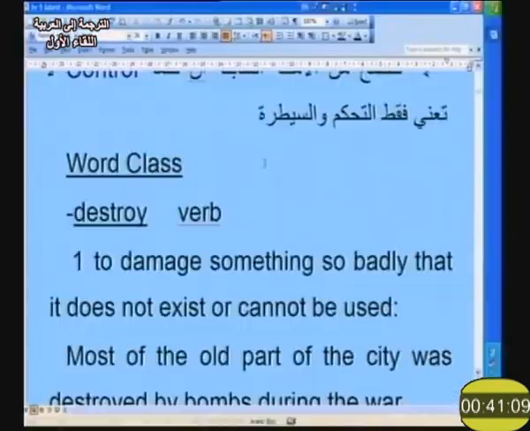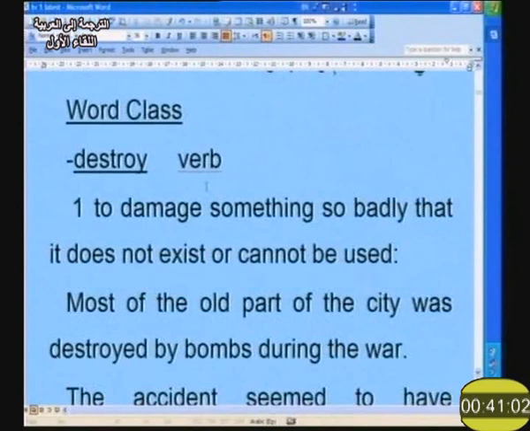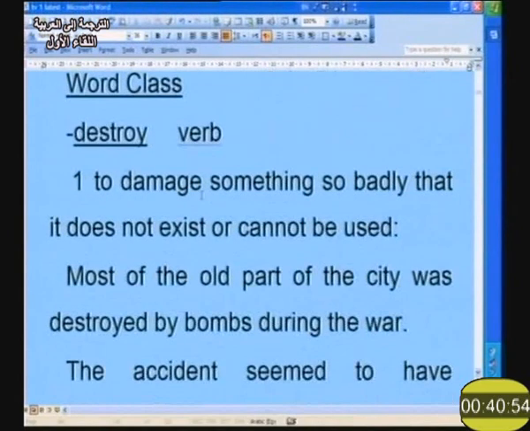The nouns and verbs constitute the bulk of English words. We see how word class or word group functions in translation. For example, the word destroy as a verb is used to damage something so badly that it does not exist or cannot be used.